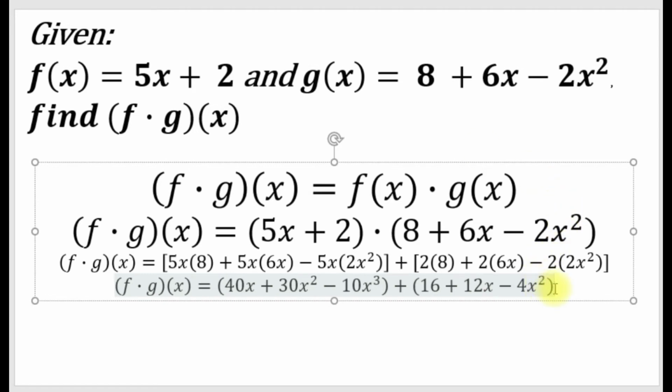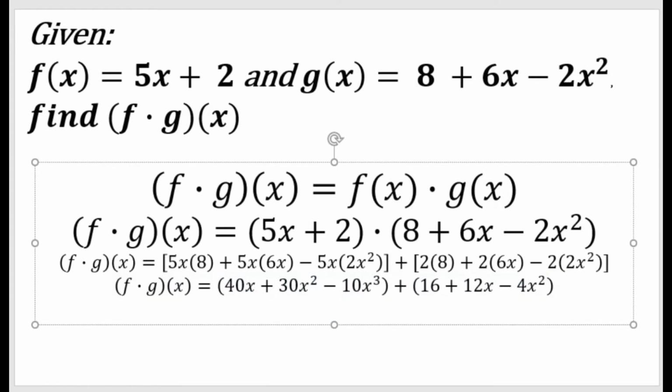So after that, we need to combine like terms. And then while combining like terms, let us try to express or write our answer from highest degree to lowest degree, or their exponent is in descending order, for the uniformity of our answer.